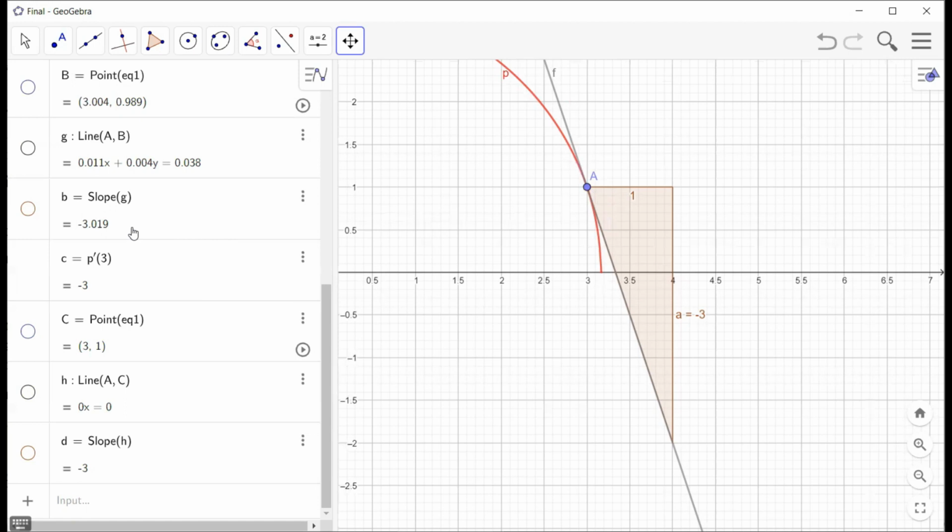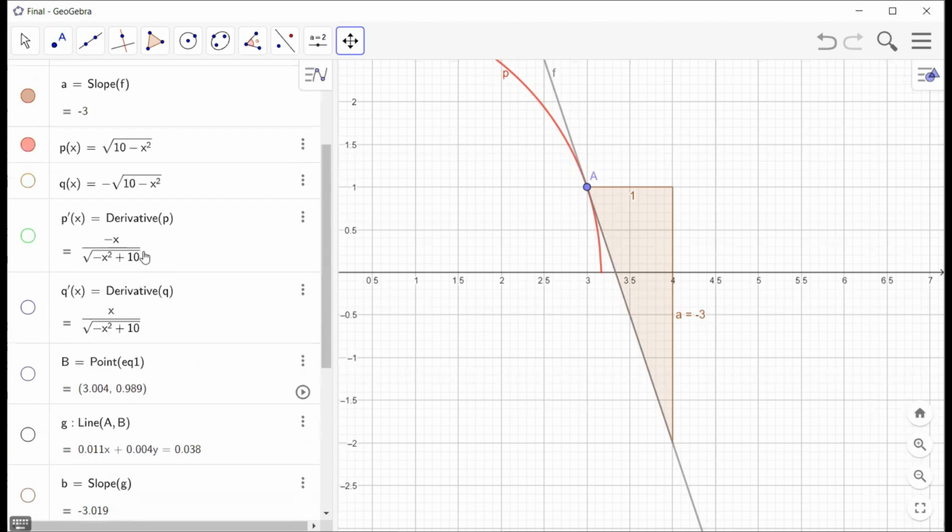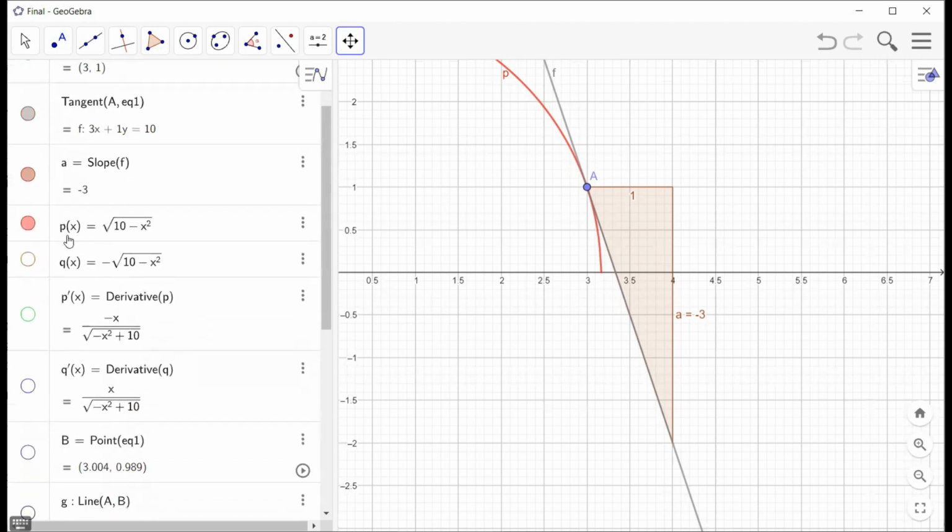The last method, we can find by using GeoGebra the first derivative of this function. Of course, if I call this function p of x equal square root of 10 minus x square.